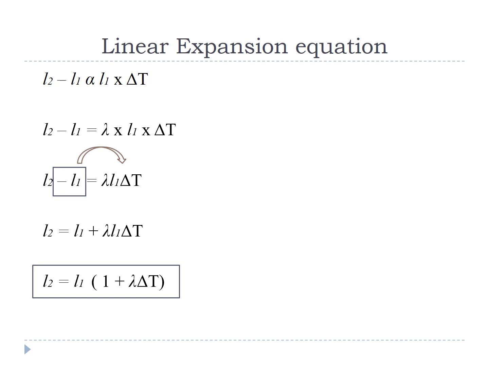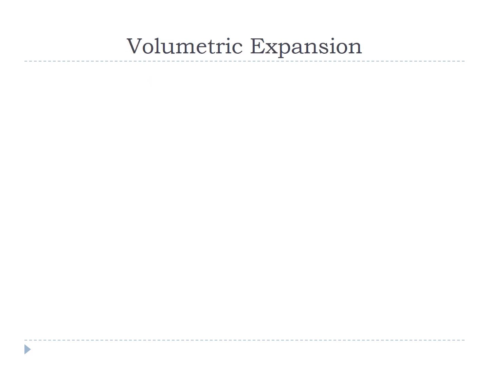Okay, same thing. Now if you have understood this, volumetric expansion and areal expansion will go very simple. It's going to be very easy. It's the same thing; the only thing you're doing is changing the letters. So let's look at volumetric expansion.